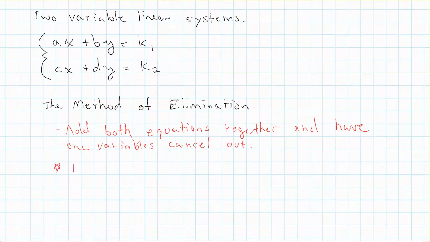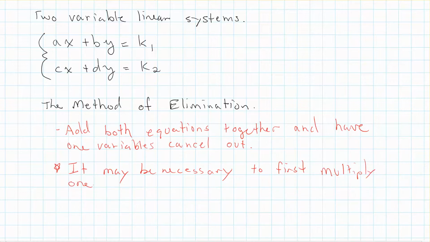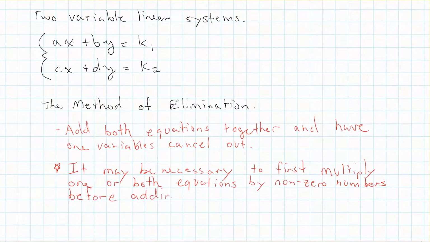And then a star here: it may be necessary to first multiply one or both equations by non-zero numbers before adding. Okay, so that might be necessary to do.